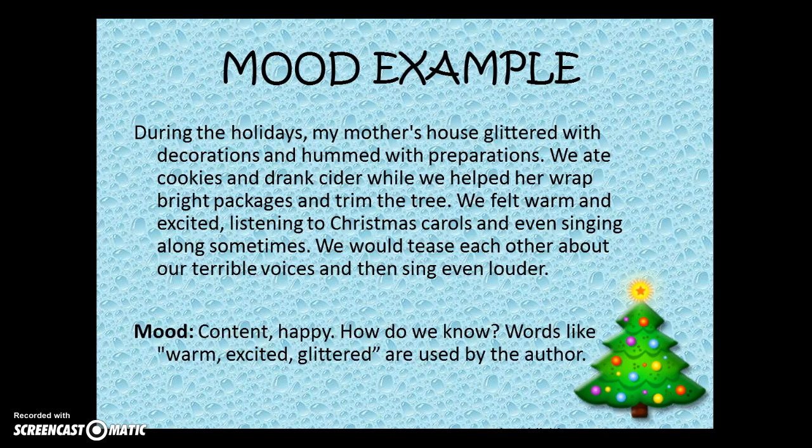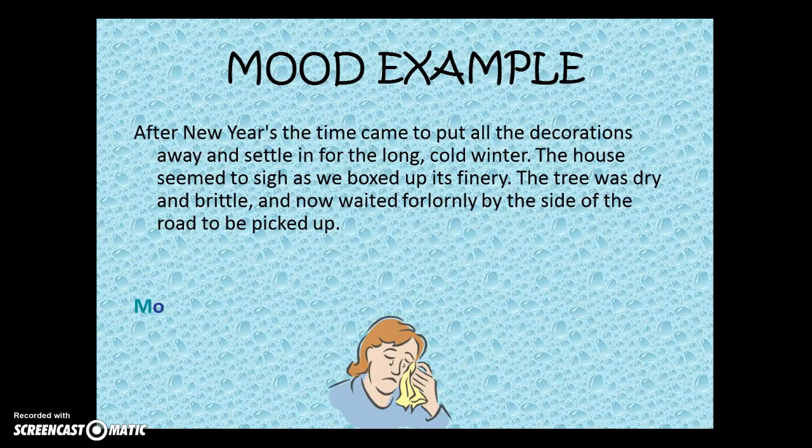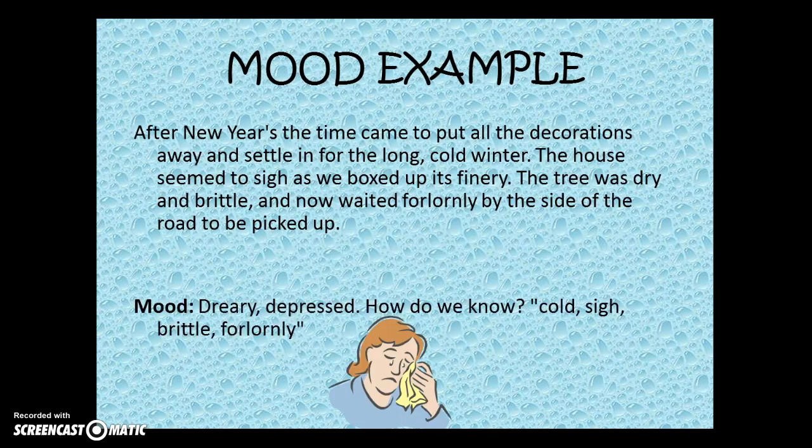So the mood would be it's supposed to make you feel content or happy. The author uses words like warm, excited, and glittered. Another example, pause and read it. It's supposed to feel dreary or depressed because of the words cold, sigh, brittle, and forlornly.